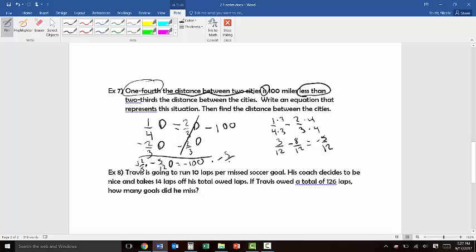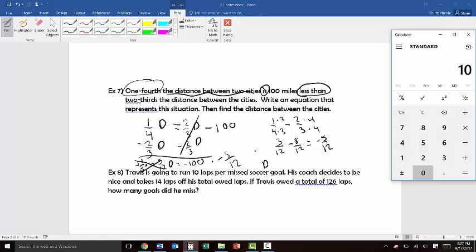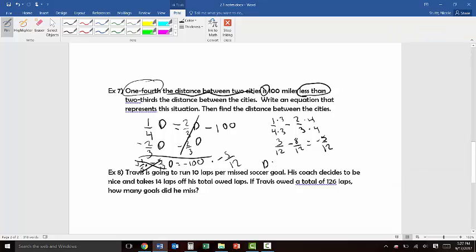And then the way we get rid of fractions is by multiplying by the reciprocal. Since we need to divide, we actually multiply, and do it on the other side. The 12's reduce and the 5's reduce to 1's, so we don't worry about that anymore. And then my distance is going to be 41.7, so 41 2/3, I believe. And that's going to be miles.